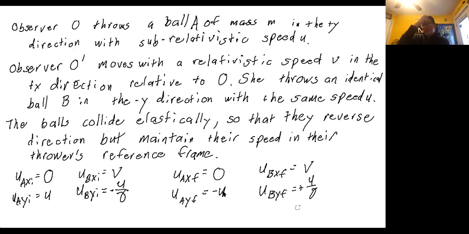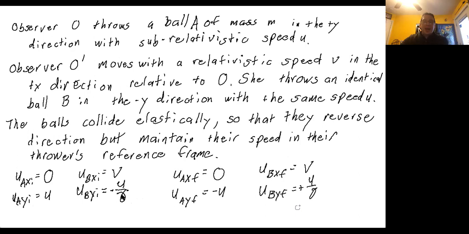But remember, ball B is moving relativistic relative to observer O. So its movement is given by the value gamma, or it has a gamma value. So if you multiply its vertical momentum by gamma, then, and remember, ball A is not moving with relativistic speed, so its value for gamma is simply 1.